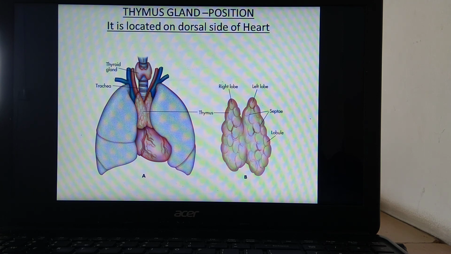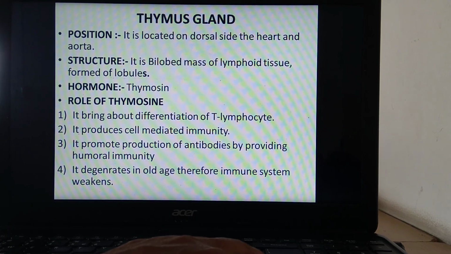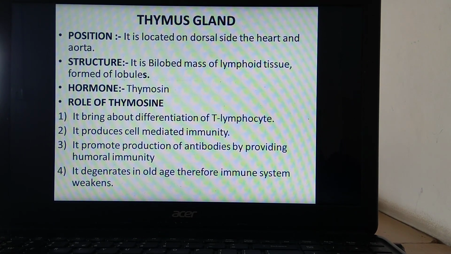What is the secretion of this thymus gland? The thymus gland secretes only one hormone, which is called thymosin. What is the function of thymosin? It brings about differentiation of T lymphocytes.